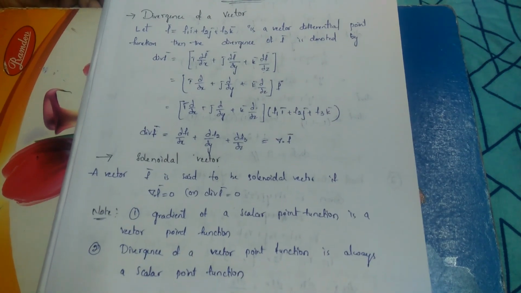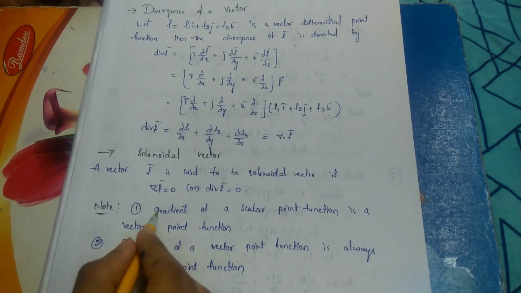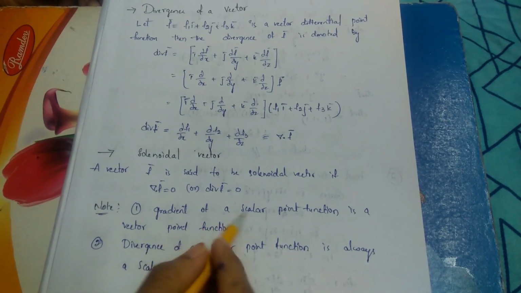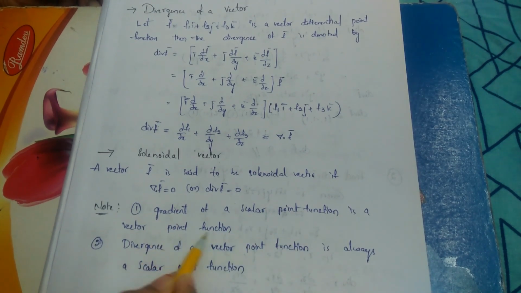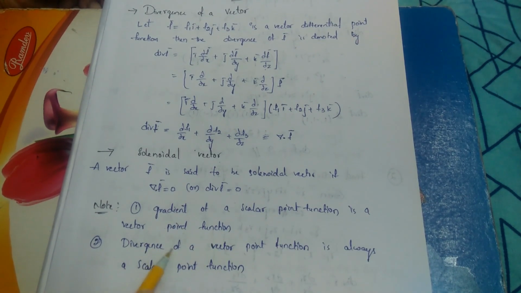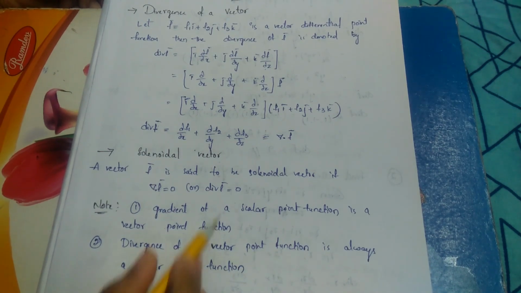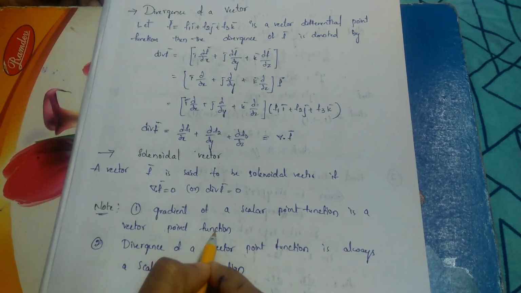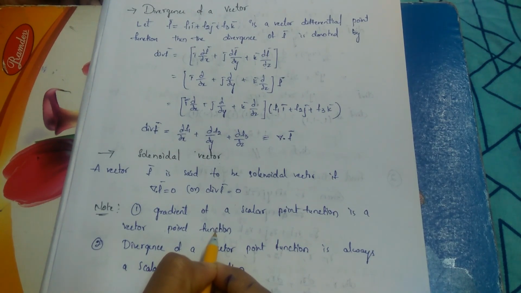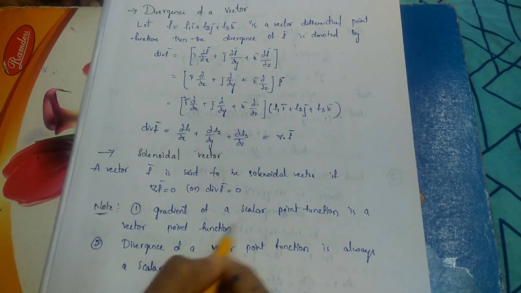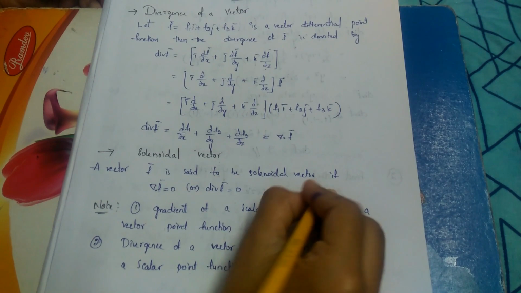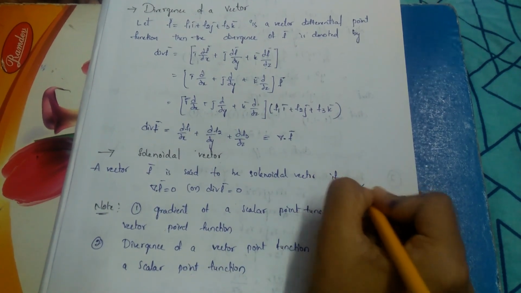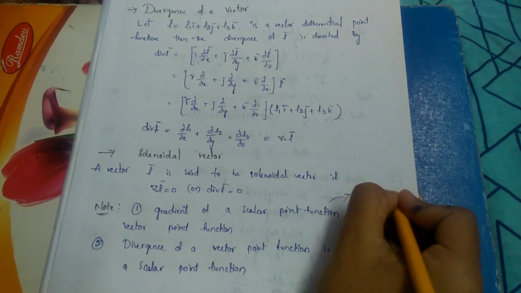So here we have two note points. The gradient of a scalar point function is a vector point function, and the divergence of a vector point function is always a scalar point function. A vector point function is nothing but one that consists of i bar, j bar and k bar vectors. A scalar point function we have seen, that is phi of x comma y comma z.